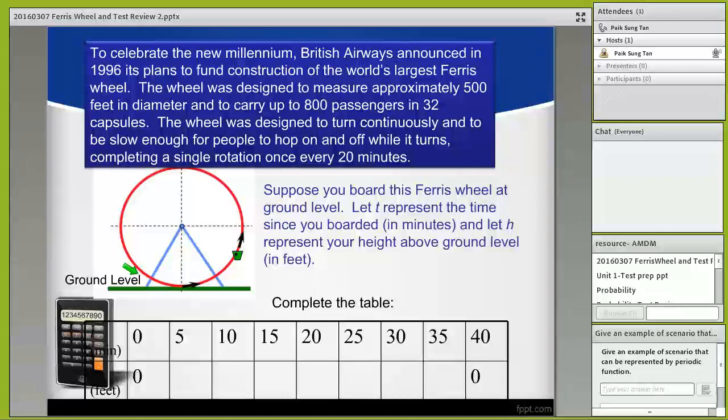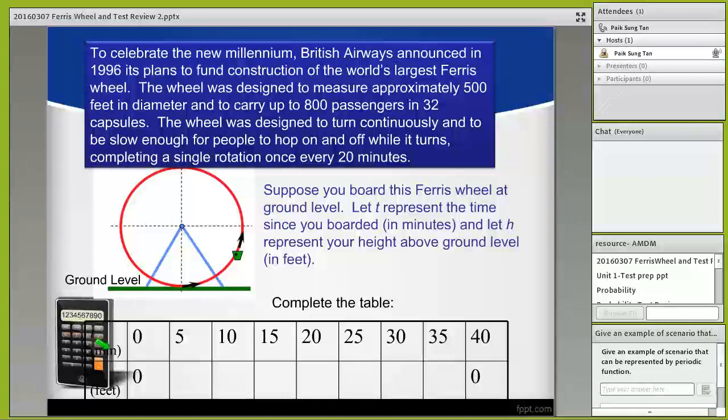Okay, so here's a similar kind of Ferris wheel, but it's a different one. Suppose you board the Ferris wheel at ground level. Let T represent the time since you boarded, and H represent the height above the ground.